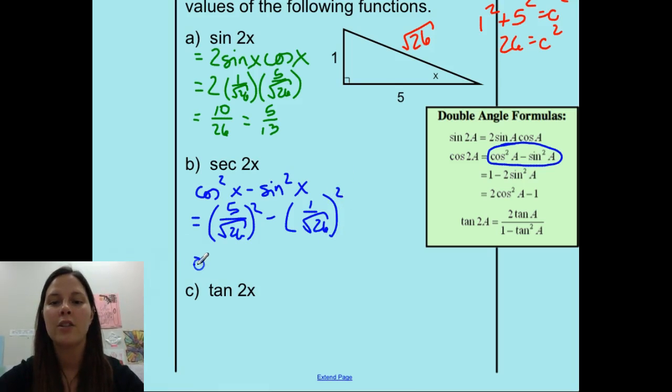Squaring each of those fractions, we have 25 over 26 minus 1 over 26, which gives us 24 over 26. Simplifying by dividing each by 2, we get 12/13. So as I mentioned, we'll take the reciprocal of that to get our secant of 2x, which would be 13/12.